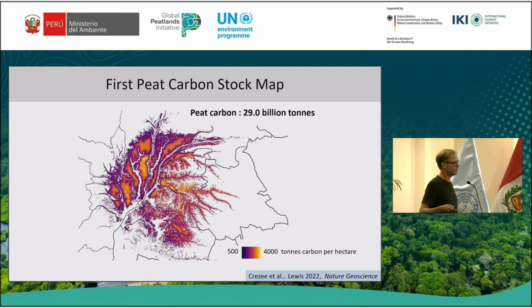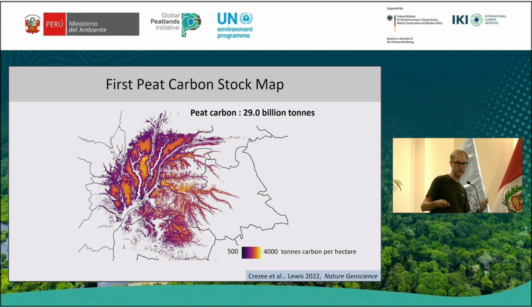We made this first map of the carbon stocks of the central Congo peatlands. We took more than a third of a ton of samples over the years back to the UK, and we used a random forest model to take environmental parameters to make good estimates of peat thickness, where we have around 500 peat thickness measurements.